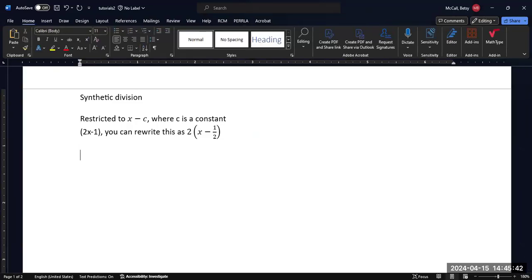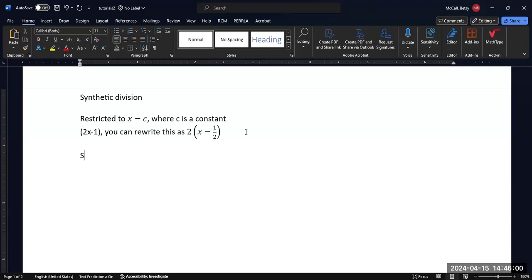Now, the general idea is we're going to basically just be working with the coefficients. And so anything more complicated than just x minus a constant, you should use regular long division processes. So let's look at an example.